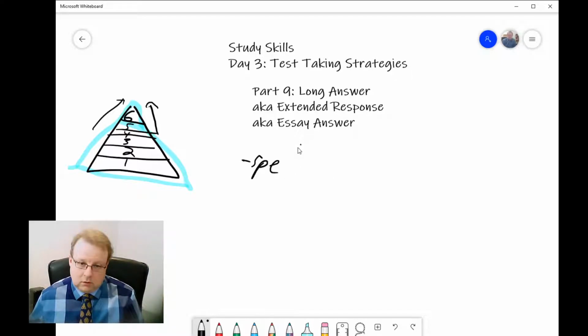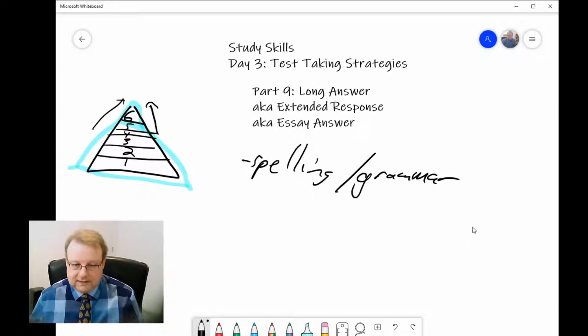So again, you want to make sure your spelling and grammar are nice and strong. Even if your teacher says that they're not going to be marking on that, if the teacher has to stop and try to figure out what you're actually trying to say because the patterns of letters on the page might be making words, but that pattern of words doesn't make a sentence, if we have to try and interpret that sentence because we don't recognize it as English or whatever language you're supposed to be writing in, well, even if we're not intentionally marking spelling and grammar, it's going to impact your grade because we're not completely certain of what it is that you're saying.